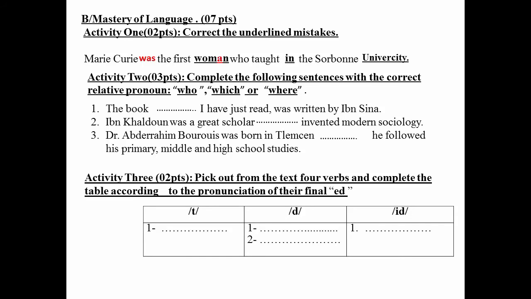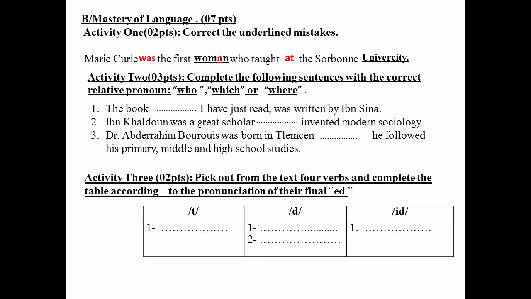Yes, woman, singular. Before it was women, plural of woman, so it wasn't correct. But now Marie Curie was the first woman who taught where? Which preposition? Yes, at. Preposition at the Sorbonne.